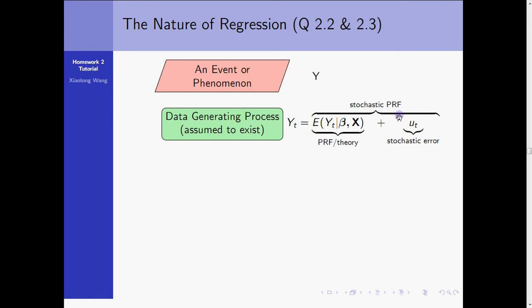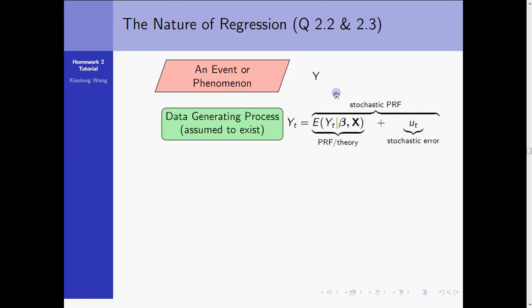Because there's a theorem called the central limit theorem, which says if a large number of random variables are aggregated together, the resulting variable will follow a normal distribution. So that's why most of the time we assume that the stochastic error term follows a normal distribution, because it includes a lot of unspecified variables.